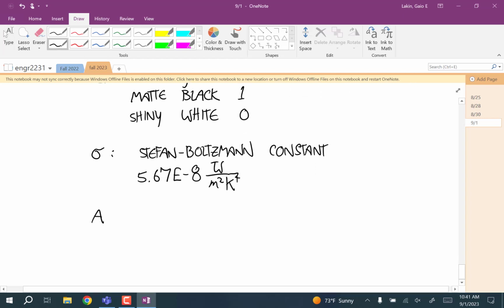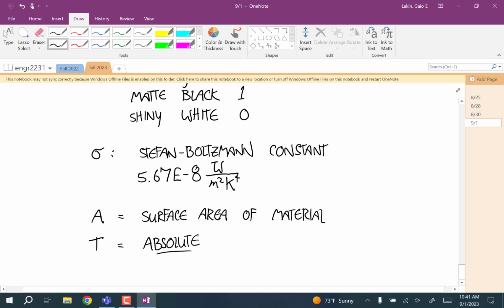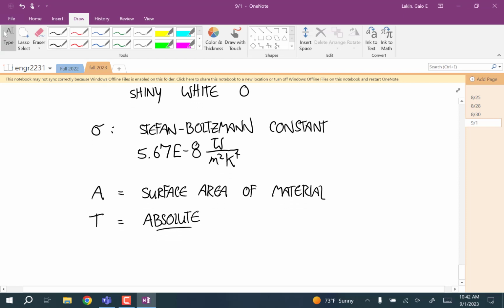A is the surface area of the material. And T is the absolute temperature, so we're going to use Kelvin. You could use Rankine too.